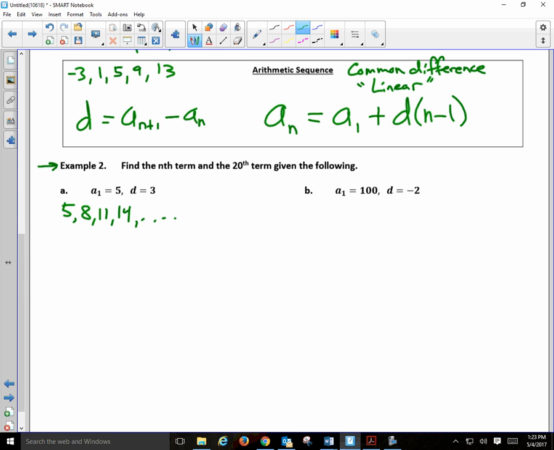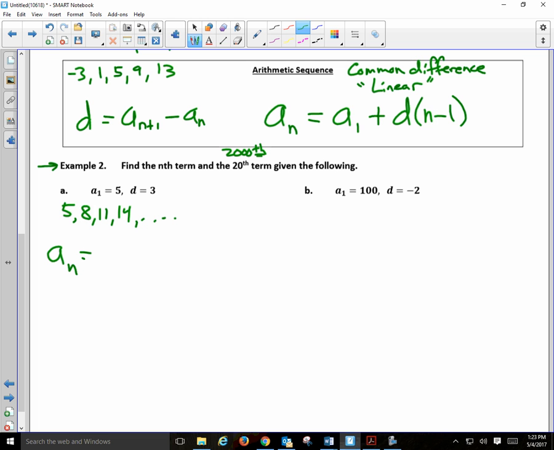Now, as you look at this, I could say, what's the 20th term? And you would say, well, all I would have to do is do this 20 times and see what I come up with. Well, what if I said, I want you to find the 2000th term? All of a sudden, that would be a little bit more difficult, wouldn't it? A little bit more challenging. So let's just write a rule. We know what the rule is.